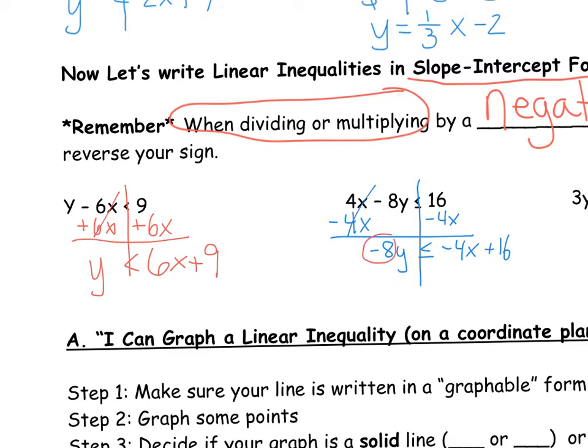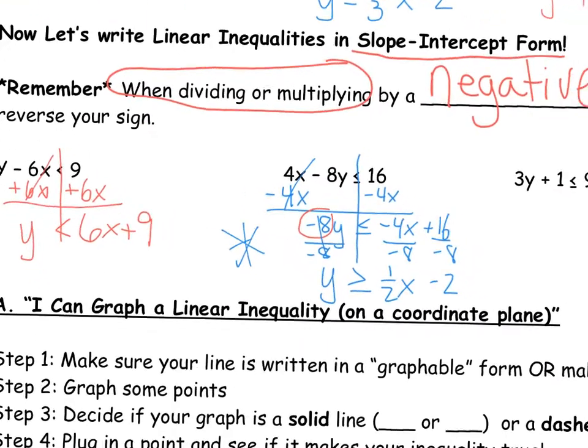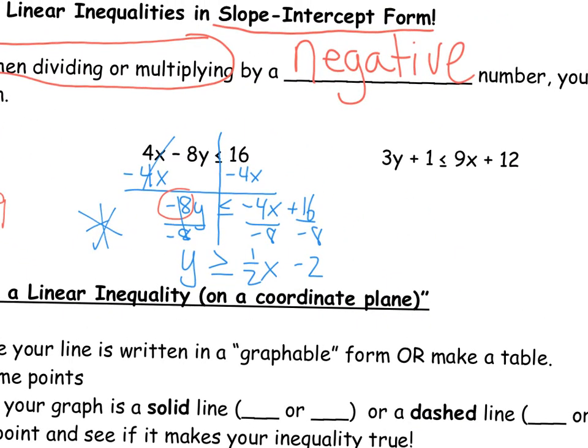Our next step, we're going to divide by negative 8, and flip. Y is greater than or equal to 1 over 2x minus 2. Make sure you flip. Again, if you're having trouble, ask questions. Make sure you figure it out.